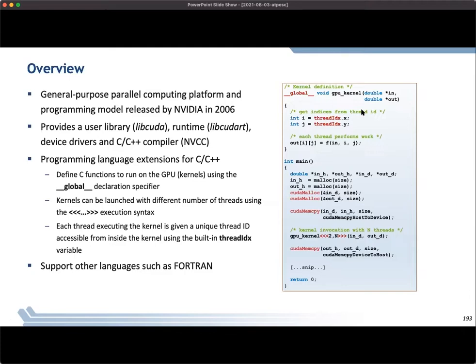So we write it as a GPU kernel and launch it on the GPU. Before the launch, we need to create a buffer for the computation and initialize it with the data that is on the host. After the kernel is finished, we just do a memory copy to read the results. So that's a quick overview of how CUDA programming works.